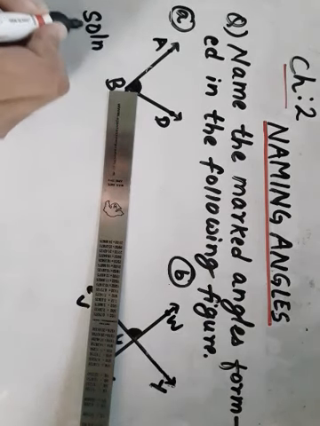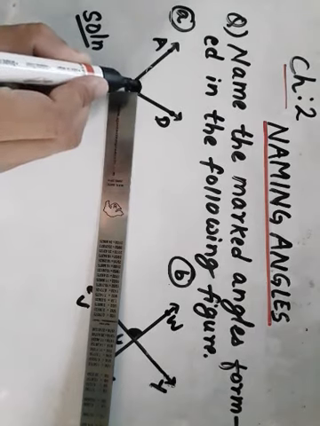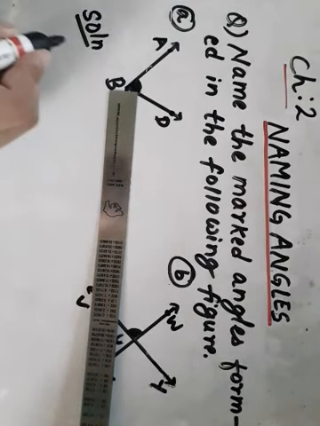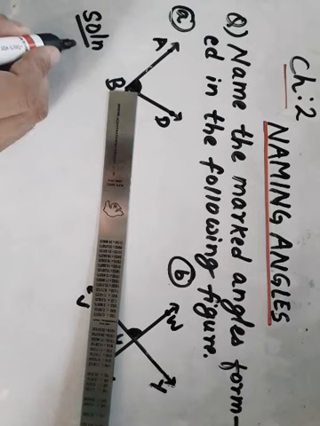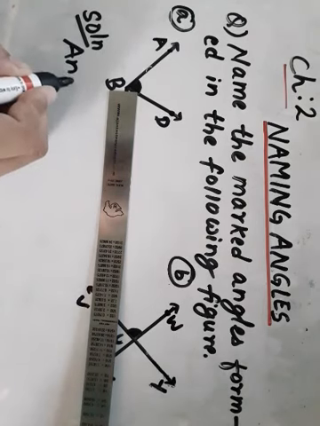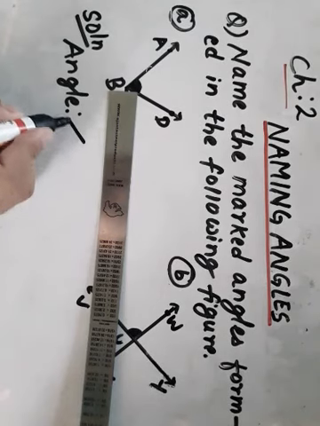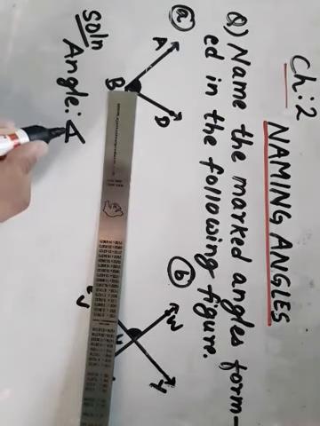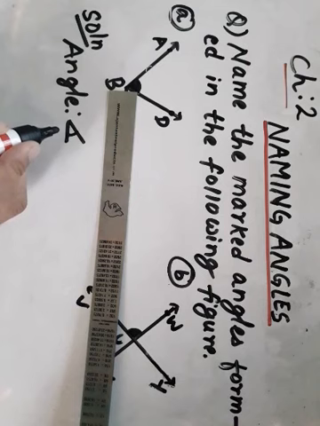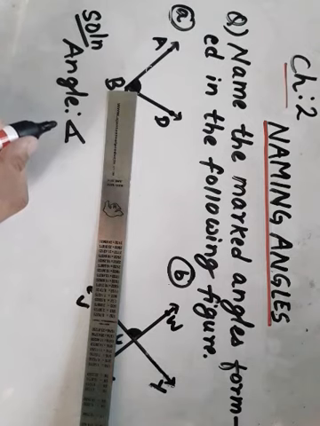So students, let's write its name. As I have already told you, while naming the angle, you always have to use the symbol of angle. This is your symbol of angle. Now you are supposed to write all the letters in capital, and the very important thing is that the vertex must lie in the middle.